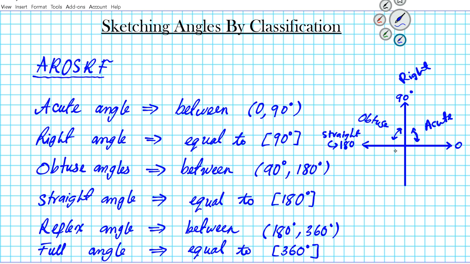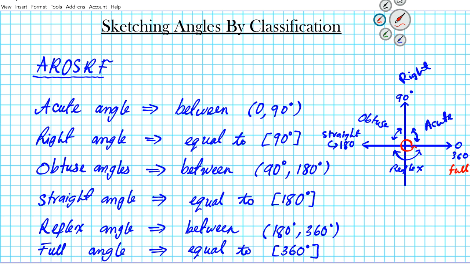And then if you're anywhere here between 180 and 360 degrees, which is coterminal with 0, that is known as a reflex angle. And if you go full circle from 0 all the way to where you started from, that is known as a full angle. Okay, so there goes ArrowSurf, acute, right, obtuse, straight, reflex, and full.